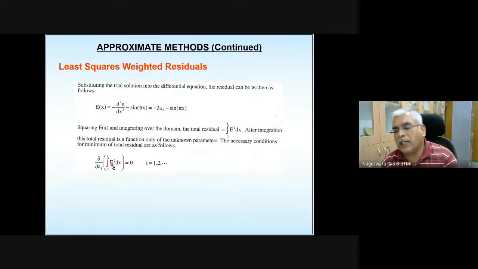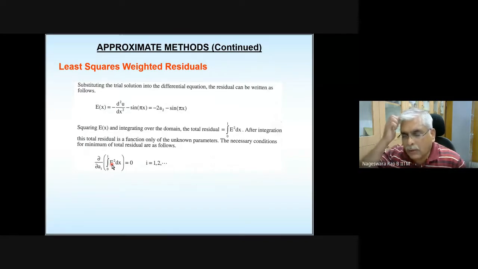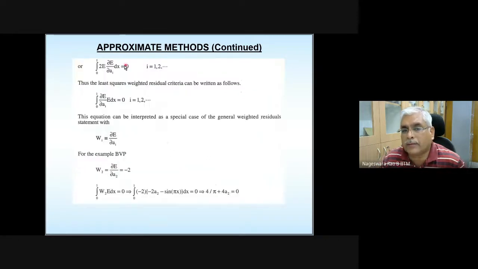It's going to be the partial derivative of E squared with respect to ai, which is 2 times E multiplied by the partial derivative of E with respect to ai. On this side you have 0, so it doesn't matter whether you multiply with a 2 or something else. So this 2 gets cancelled on both sides. Finally, this equation simplifies to this.